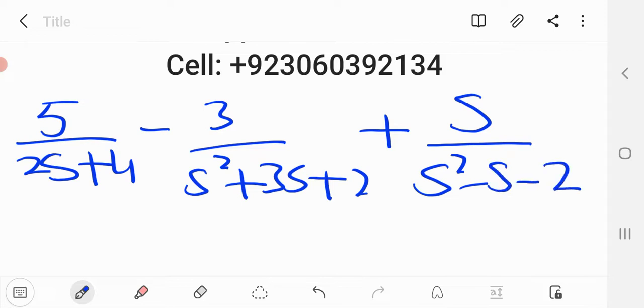As we know, in this question there are three algebraic fractions. One is this one, the second algebraic fraction, and the third algebraic fraction.